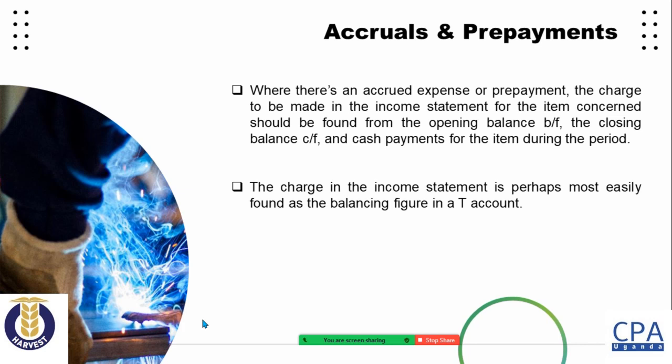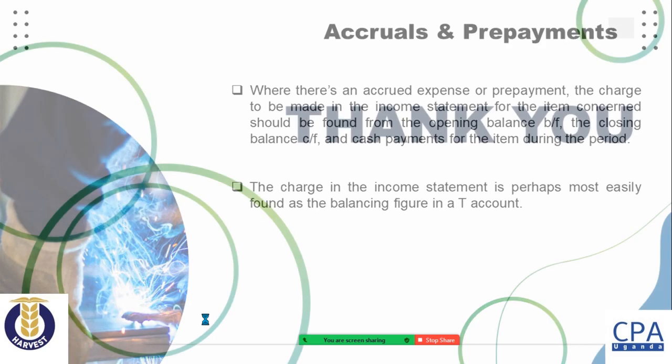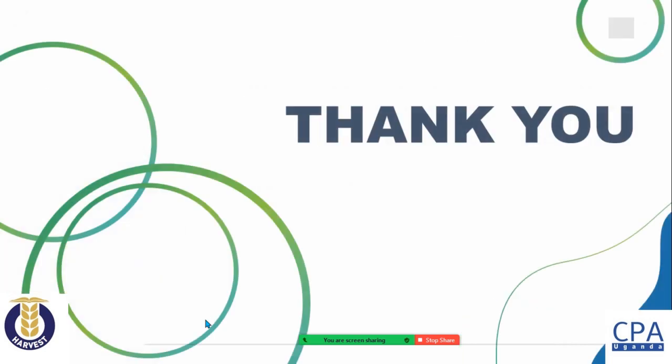The charge in the income statement is perhaps most easily found as the balancing figure in the T account for the accrual or prepayment. So that is the presentation on incomplete records.